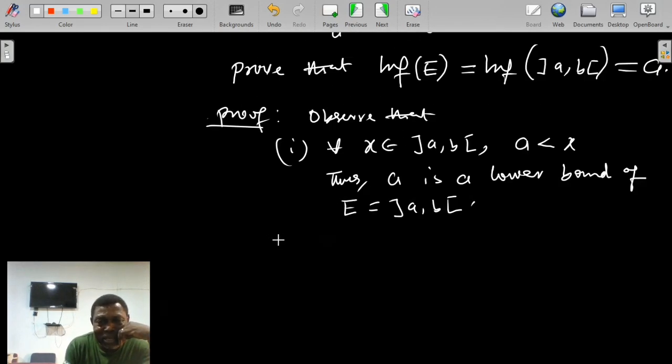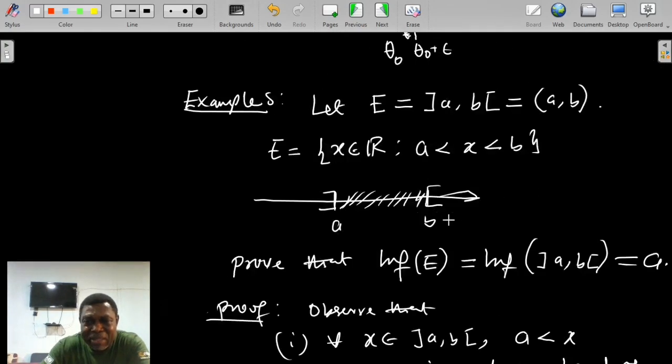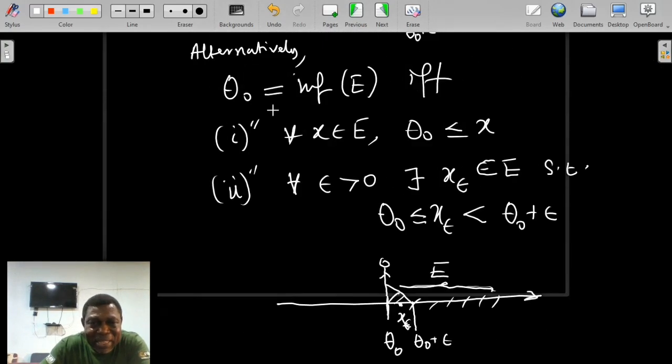Next, number two, let epsilon bigger than 0 be given. That is to say, we are given a positive number. Remember, the characterization here says that theta naught is the infimum if and only if for any x in E, theta naught is less than or equal to x, and for any epsilon bigger than 0, there exists x epsilon in E such that this inequality will be satisfied.